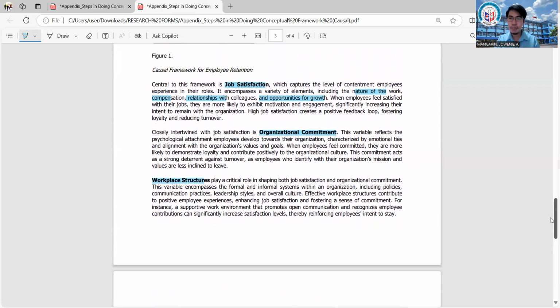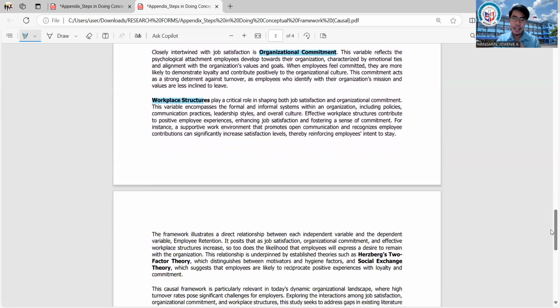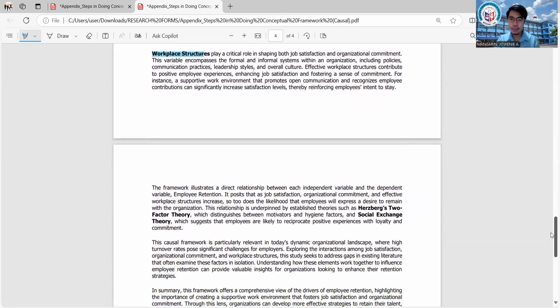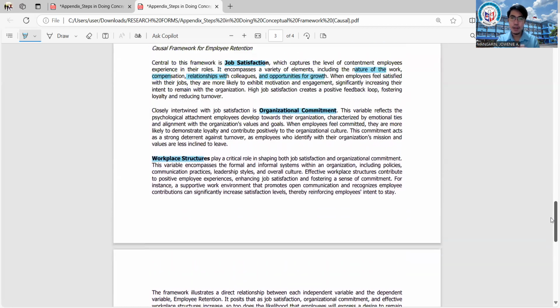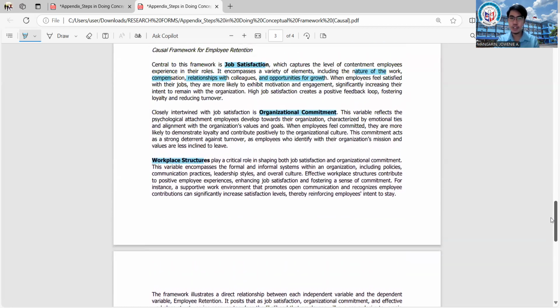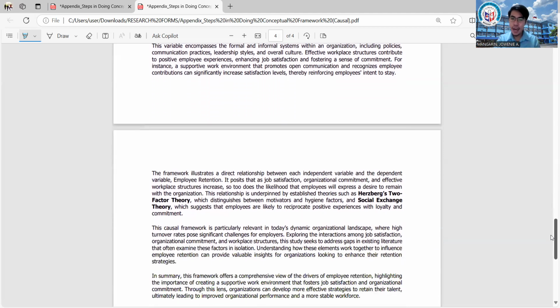the variables that they have is that they connected it with the theory, no? Pero before nilang ikinonect yung theory, minention muna nila that these three key variables such as job satisfaction, organizational commitment, and workplace structures directly affect, okay, on the dependent variable, which is the employee retention.